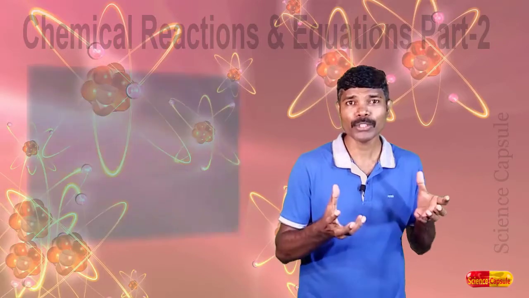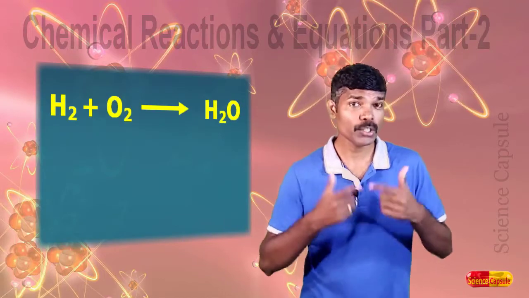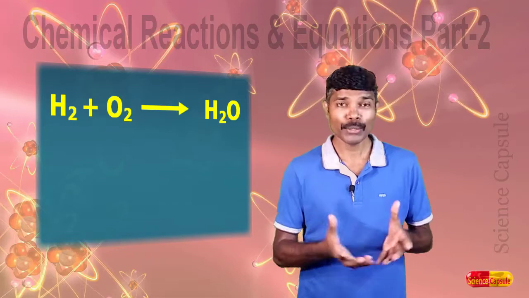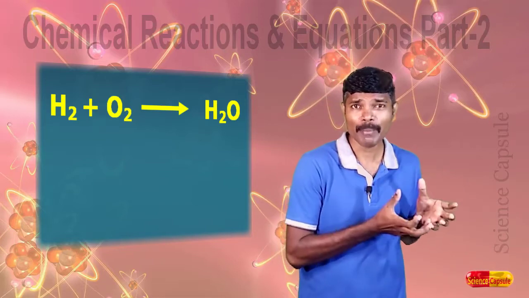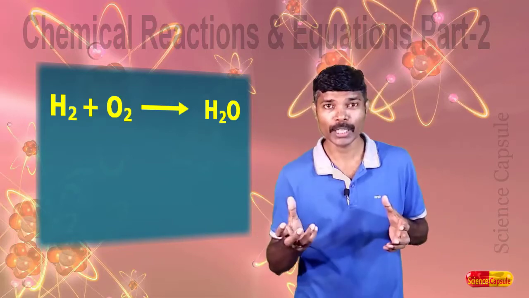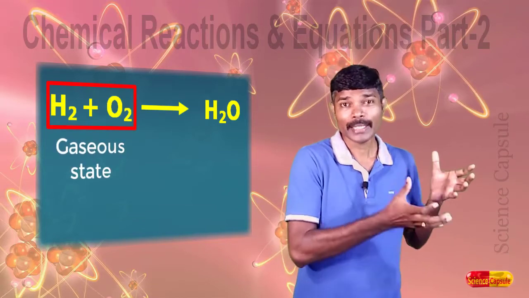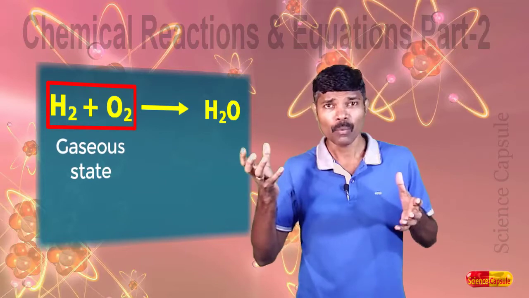Let us take an example of formation of water. We know that when hydrogen and oxygen are combined under suitable conditions, they give water. Hydrogen and oxygen are the raw materials for the formation of water, and they exist in gaseous state. So hydrogen and oxygen combine and give water molecule.